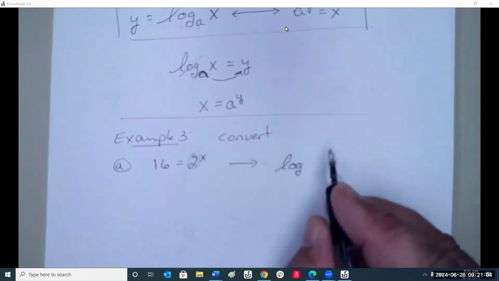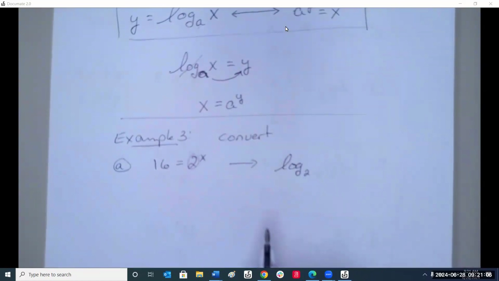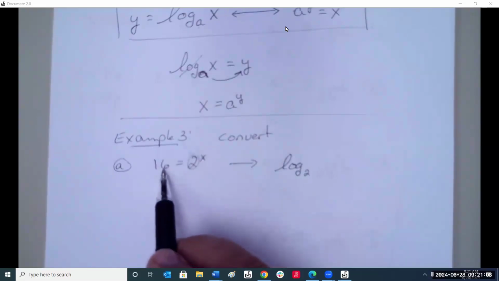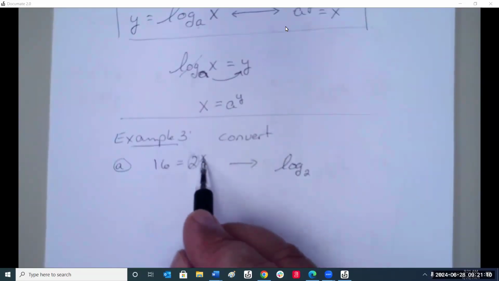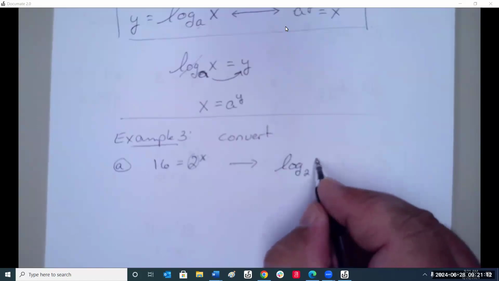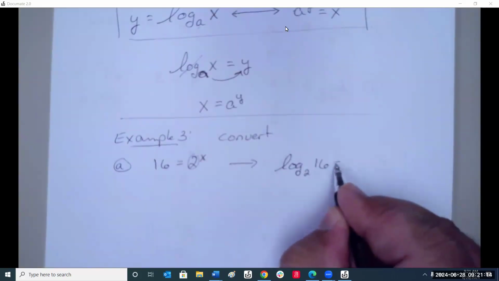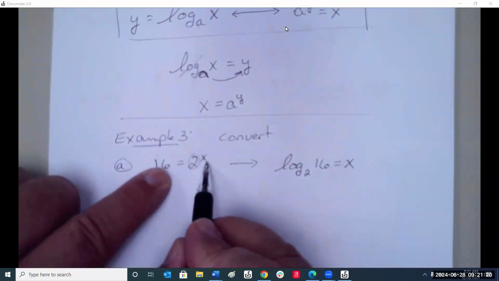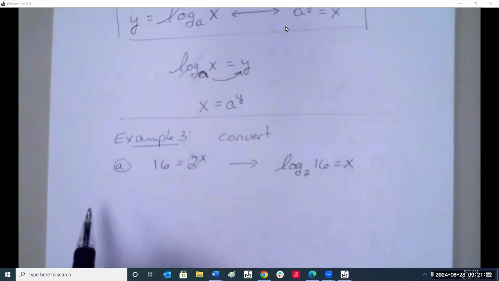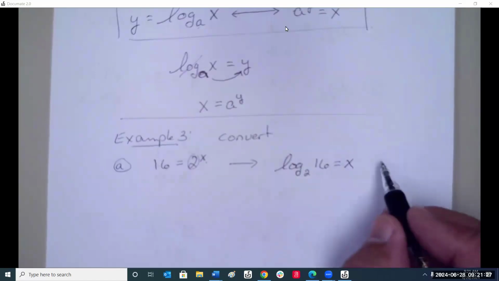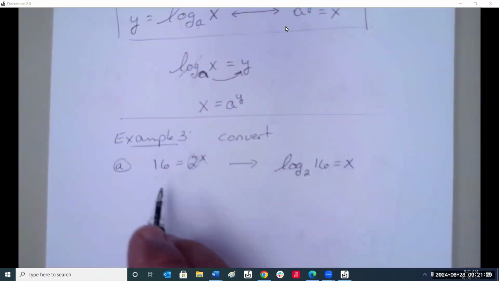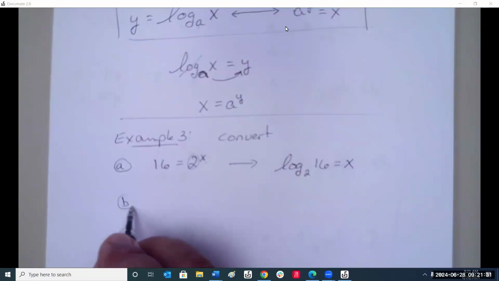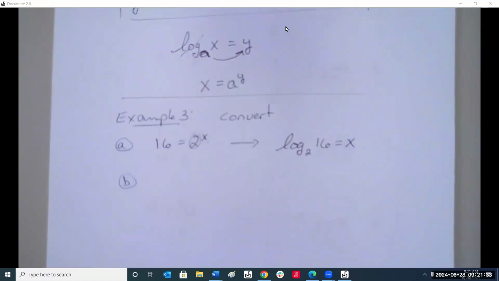So it's log, here's the base, and we switch these two. So now it's log base 2 of 16 is equal to X. That's the base. Switch those two. And we're going to see that X is 4, but we'll go over that later.